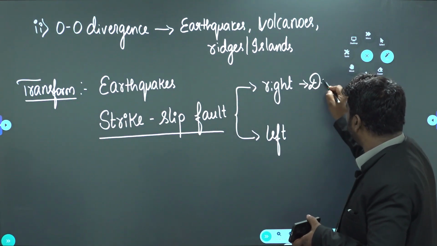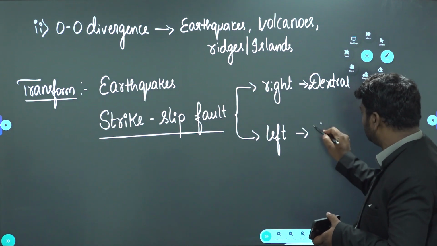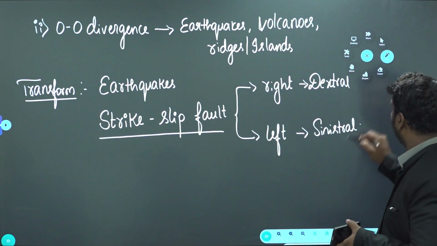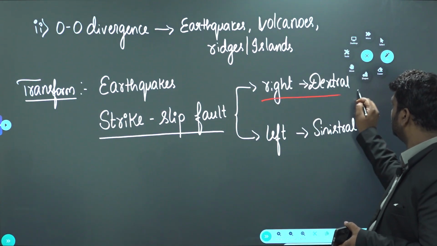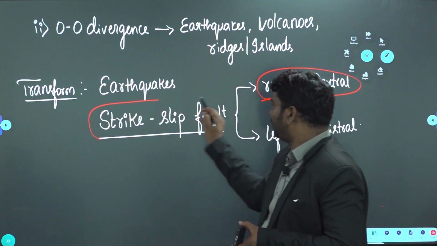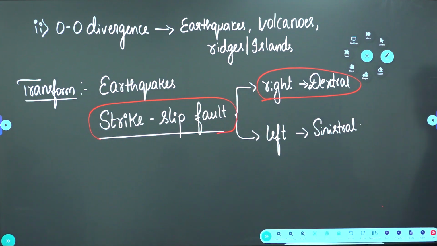The moment it is to the right, it is called dextral. If it is to the left, it is called sinistral. And guys, Myanmar earthquake was right, that is dextral, strike, slip, fault. Fine. Myanmar's was dextral, strike, slip, fault.